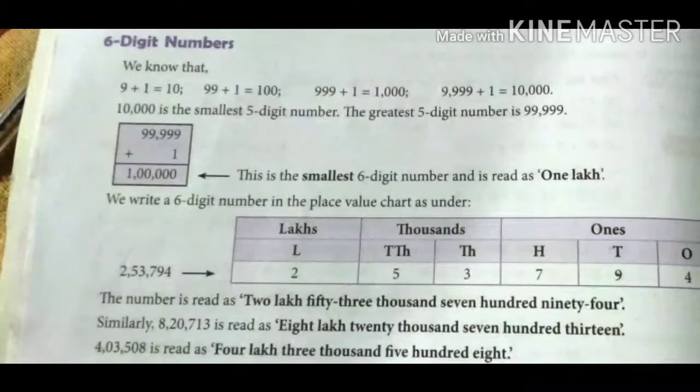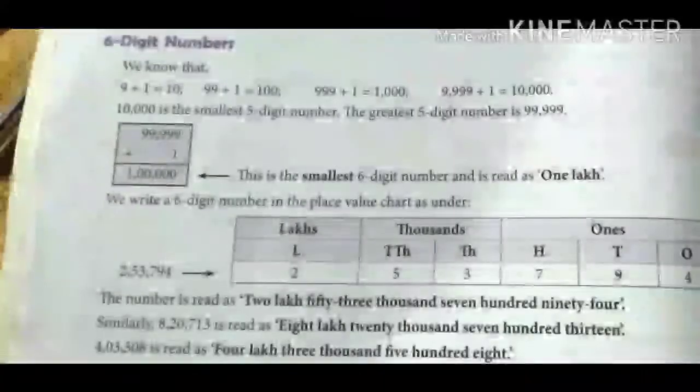When we add 1 to the greatest 5 digit number, 99,999 plus 1 equals 1 lakh, that means the smallest 6 digit number. Okay, after that we see examples.